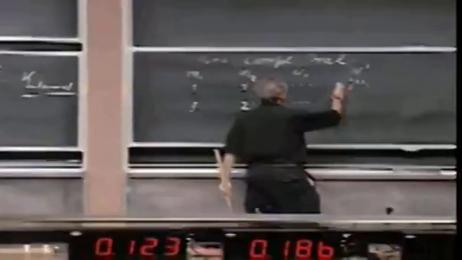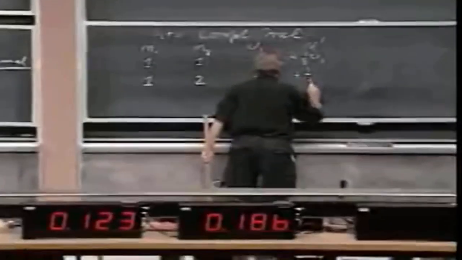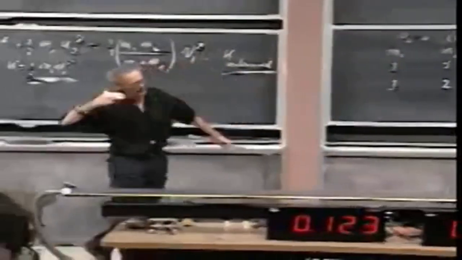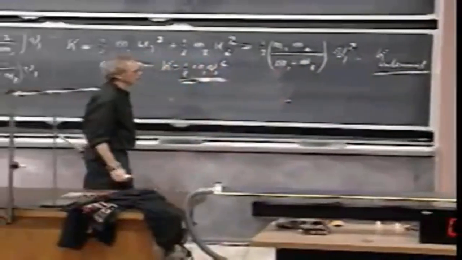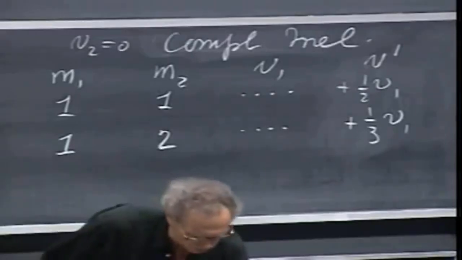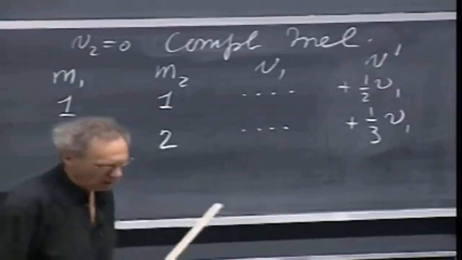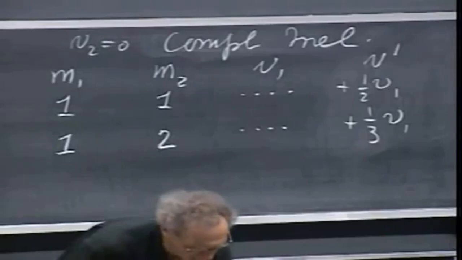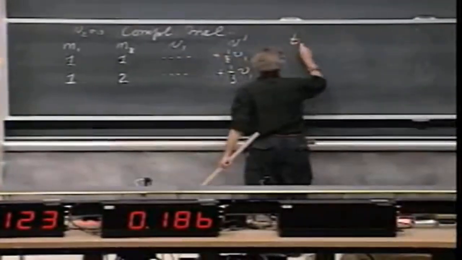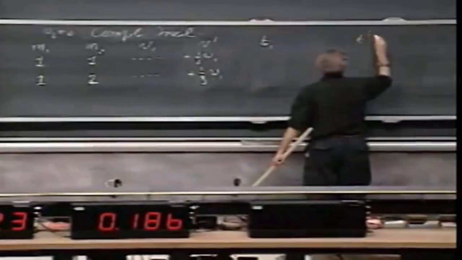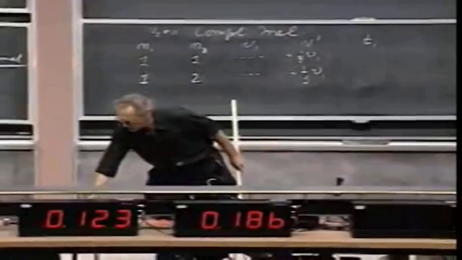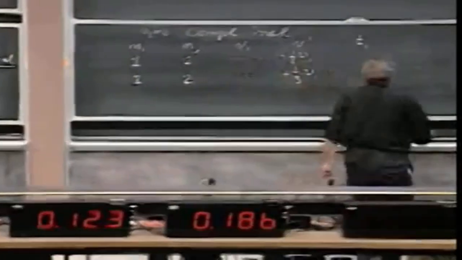Notice in both cases I get a plus sign. That's of course obvious. If I plow into something and they stick together, they continue in the same direction. And so now I will do the timing in exactly the same way that I did before, except that now I have a completely inelastic collision. I will have a timing T1, and I will have a timing T prime. The cars have a slightly different mass, 237.